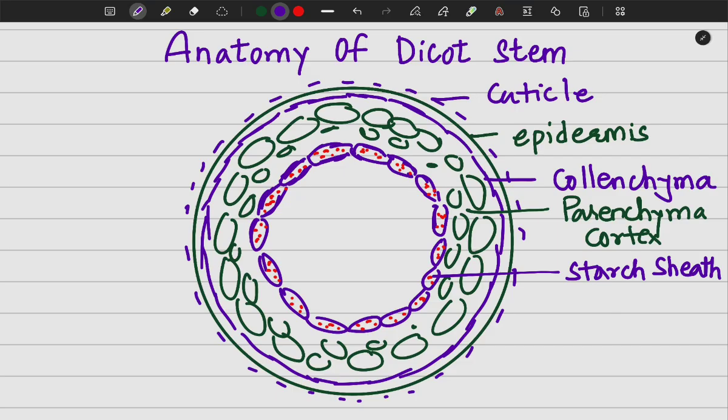Now, below the endodermis, there will be pericycle, but pericycle will be in the form of semilunar patches like this. So there will be semilunar patches of pericycle.